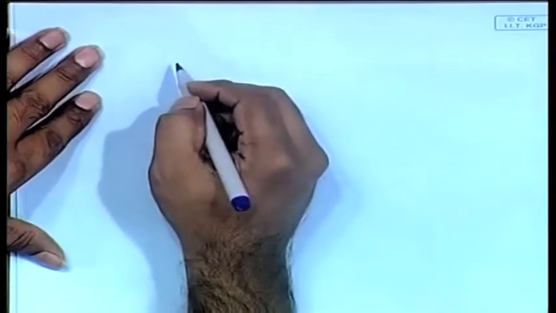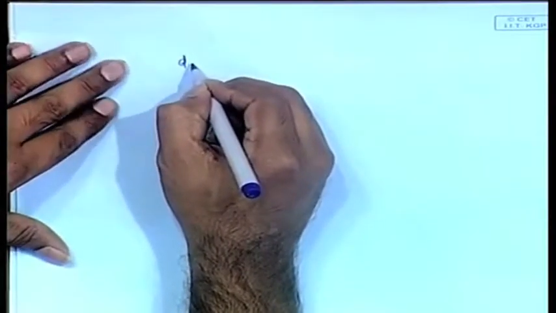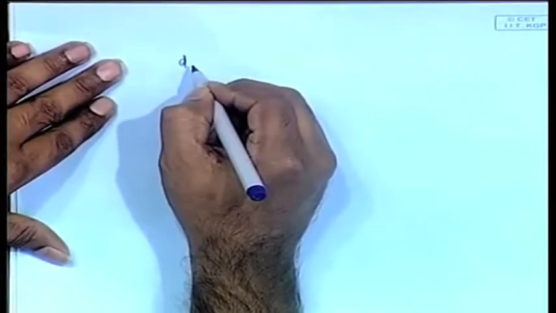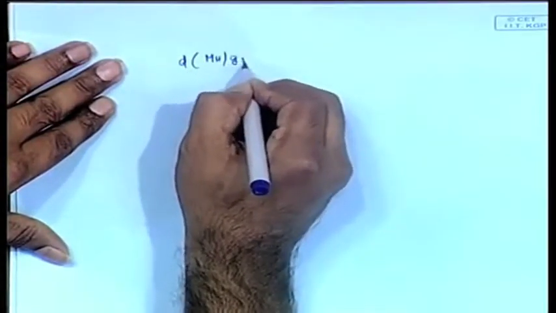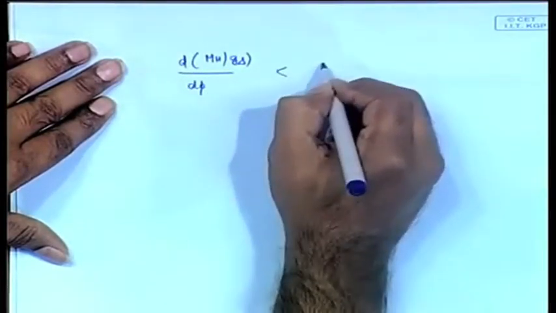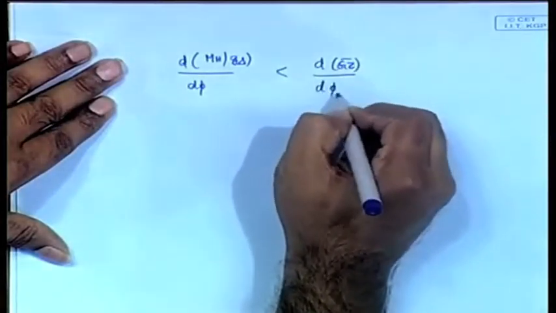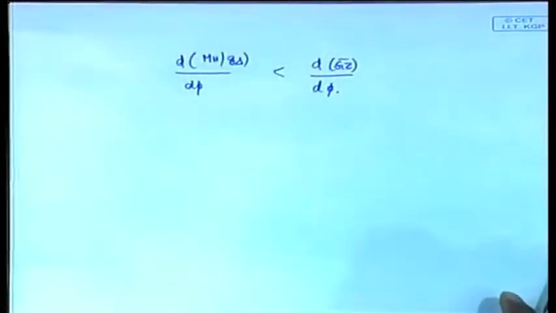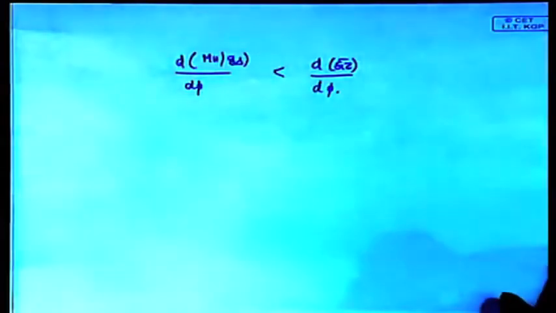Now for that condition, you have to do d by d phi again. Therefore d of mh by g delta by d phi will be less than d of gz by d phi. This is also very obvious. What does this indicate?